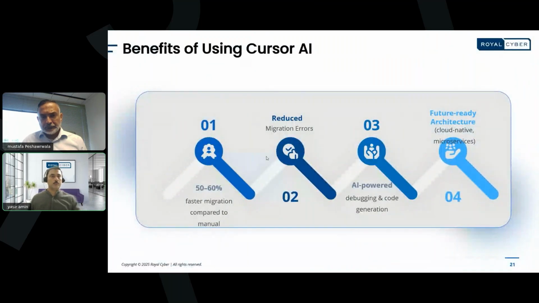The benefits of using Cursor AI: it gives 50 to 60% faster migration compared to manual. It reduces migration errors, provides AI-powered debugging and code generation, future-ready architecture, and cloud-native services.